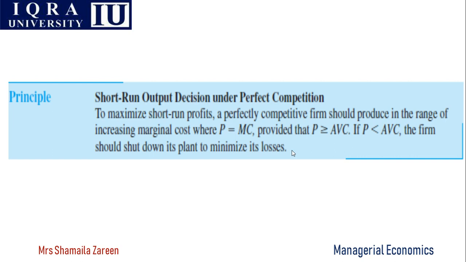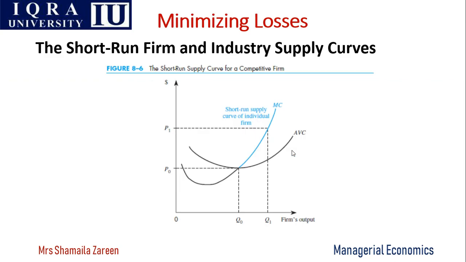It means if P, or the price line, is greater than average variable cost, the factory will run, and if price is less than average variable cost, the firm should shut down its plant to minimize its losses.